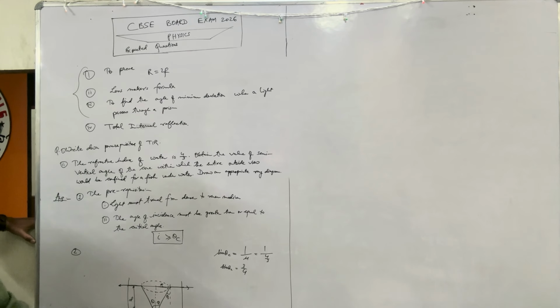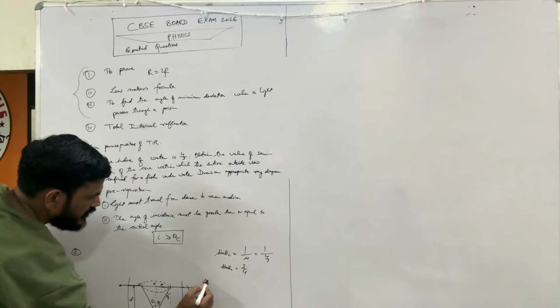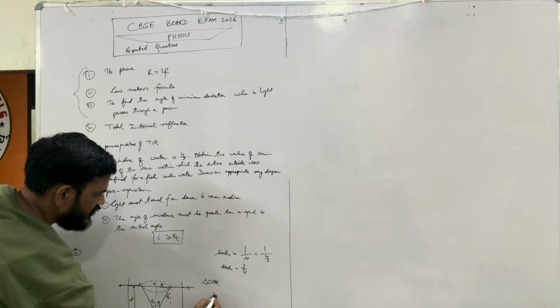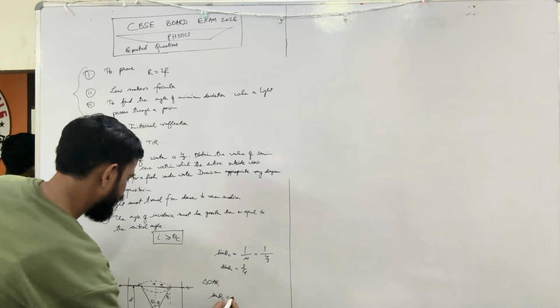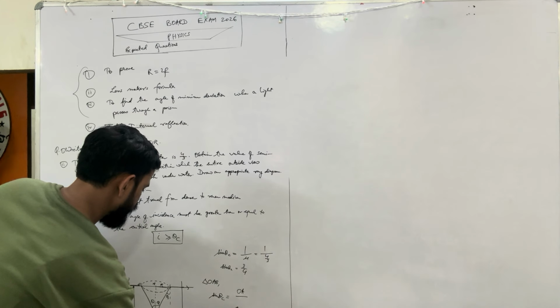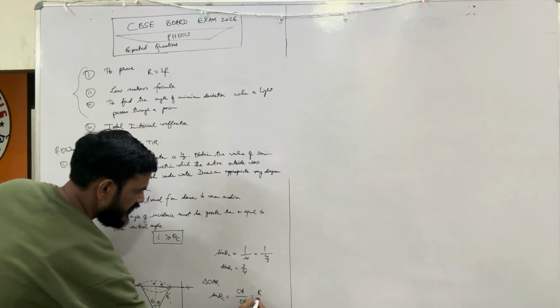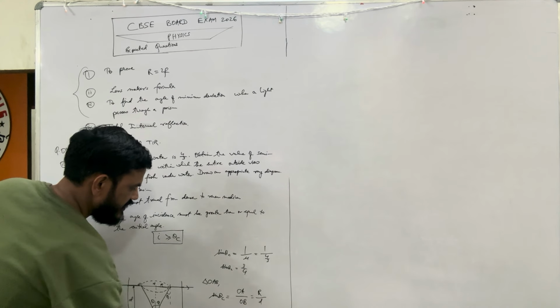Now in this triangle, suppose this is OAB. In triangle OAB, sine theta c will be OA by OB. OA is the radius r, and AB is the depth d.